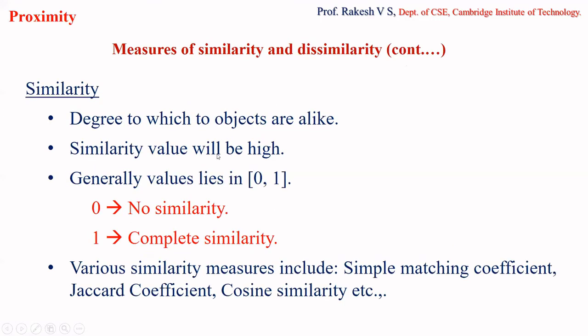First, let us see what similarity is. Similarity between two objects is a numerical measure of the degree to which the two objects look alike.